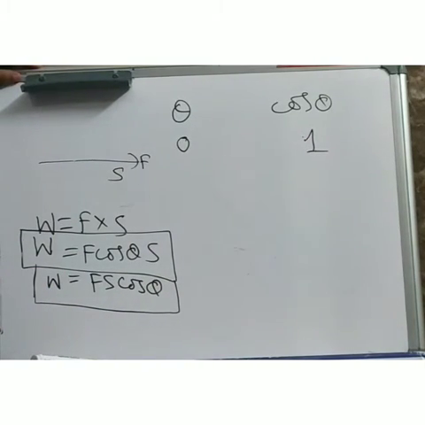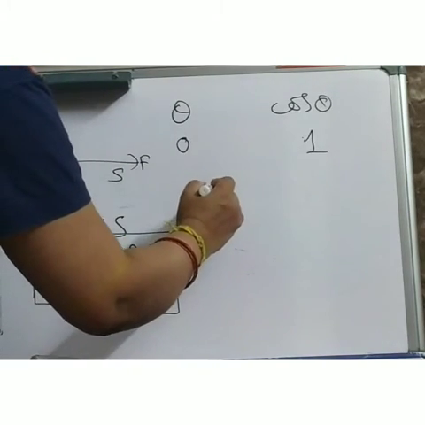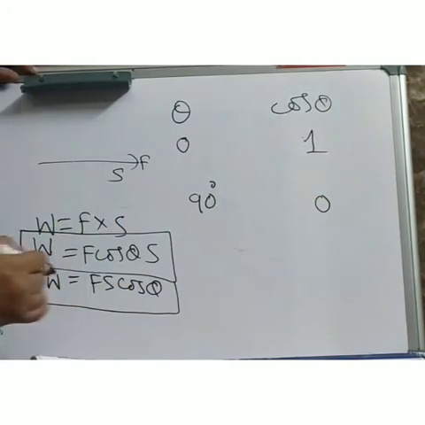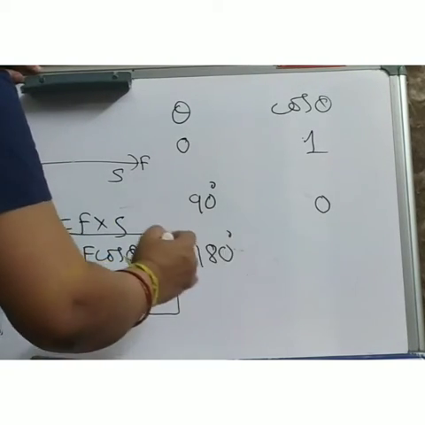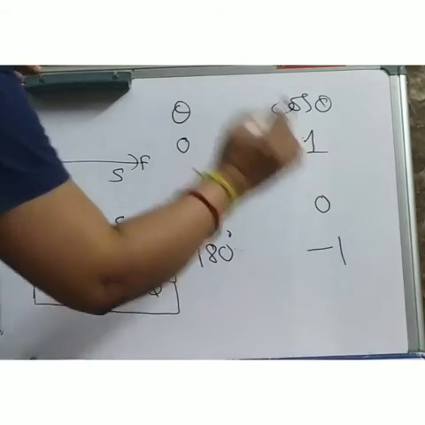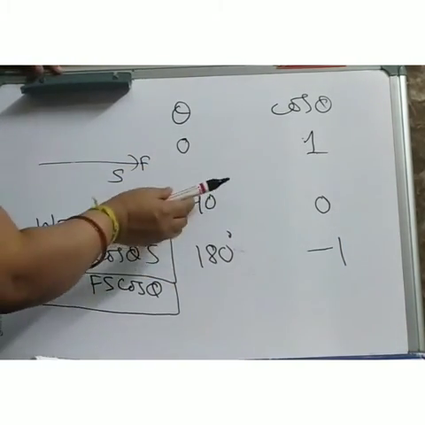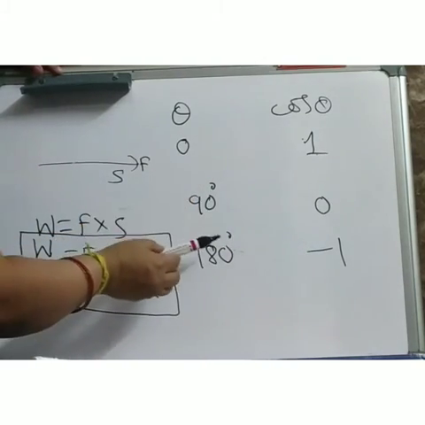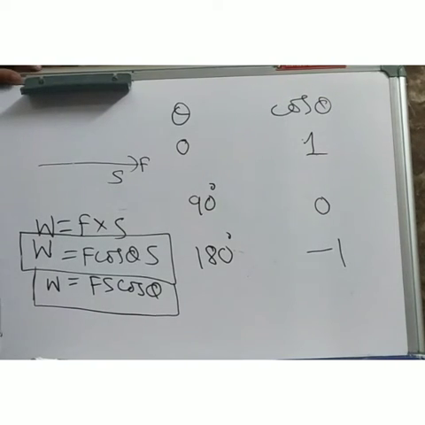And when theta is 90, cos 90 value is 0. And when theta is 180, cos 180 is minus 1. So cos 0 is equal to 1, cos 90 is equal to 0, cos 180 is equal to minus 1. Clear? Now you know this thing.